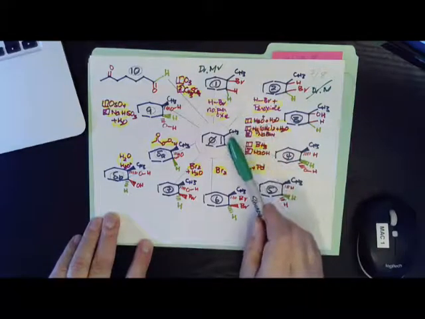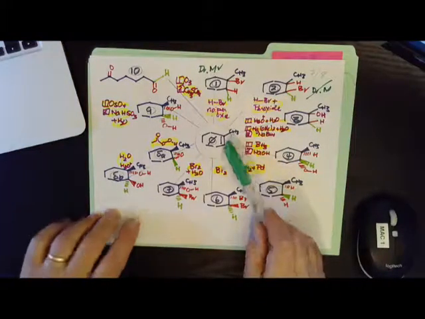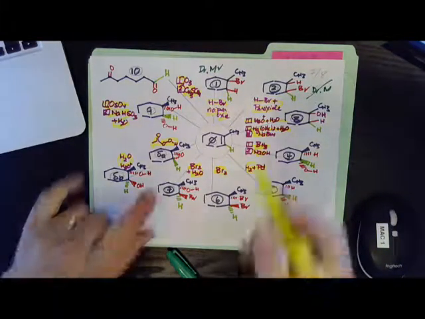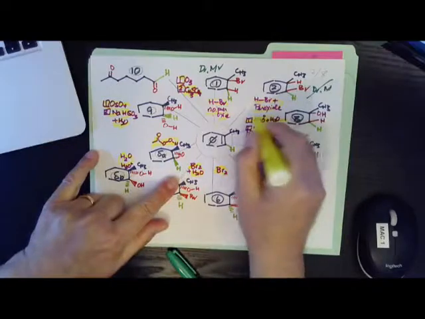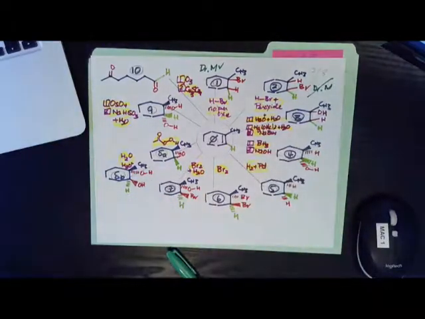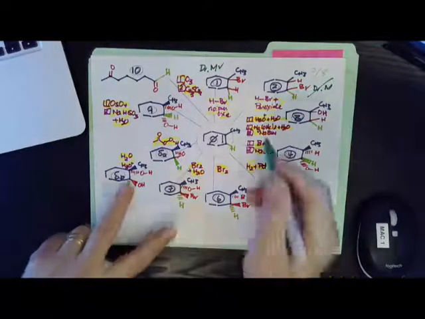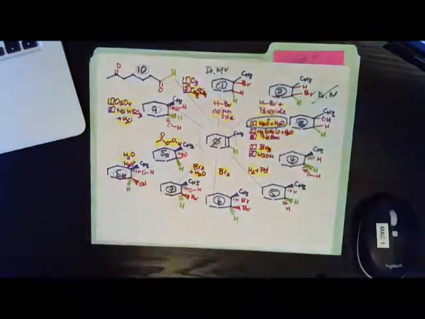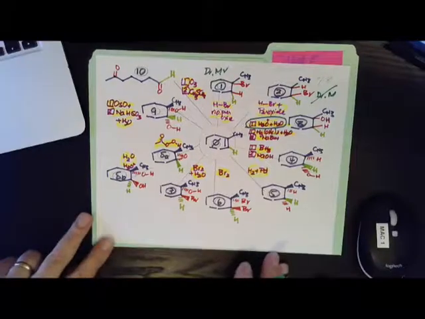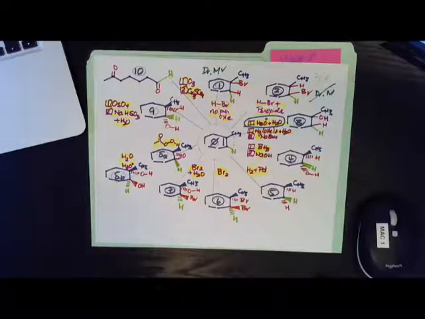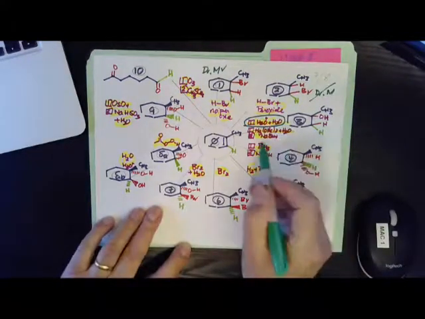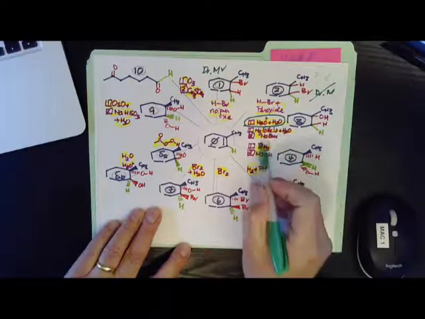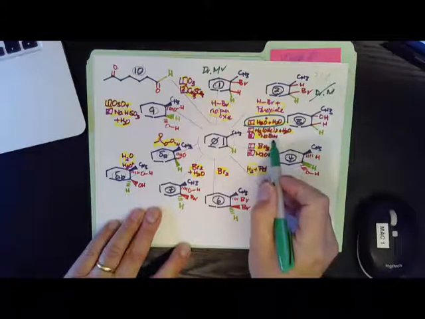This one is a little bit complicated, or I wrote too many things here. So we add H and OH, so we can use basically water and acid. If I use only water and acid, that adds H and OH and follows Dr. M. The other way to do that, and we're going to talk about that in more detail, is mercury acetate, water, and sodium borohydride.